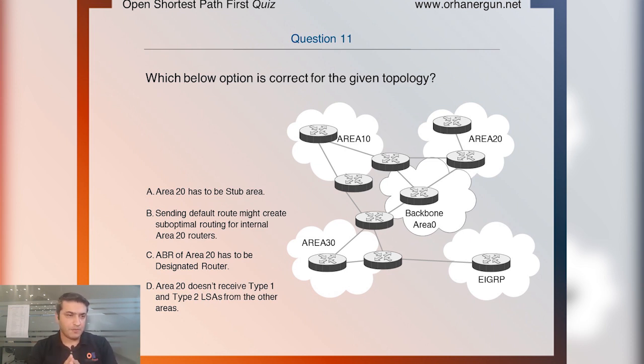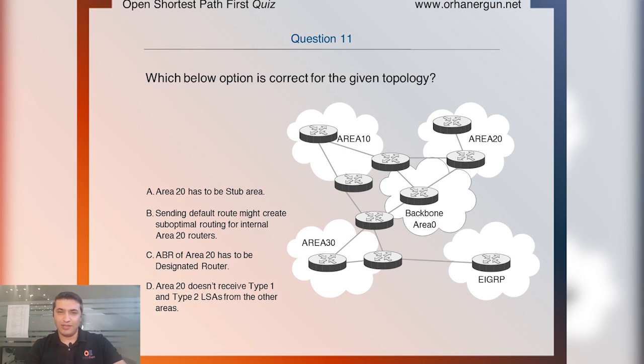Same topology. Area 20 has to be a stub area? No, right? Sorry, there is nothing to prevent area 20 from being a regular area. It doesn't have to be a stub area here. Sending a default route might create suboptimal routing for internal area 20 routers. Have a look at the topology.